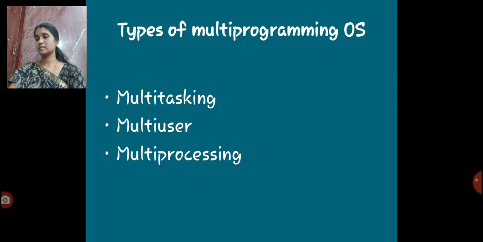Multitasking, where multiple tasks are carried out by a single operating system. Then multi-user, multiple users using a single operating system. Then multiprocessing, where programs are executed on different processors sitting under a single OS.